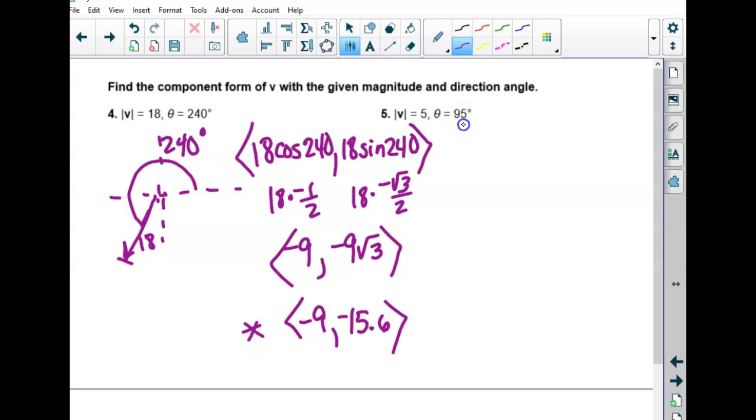All right, so do this one. Can you just type this one? You should just be doing 5 cosine of 95. That's a good question. Yes, I'm pretty sure. If you even have to do this kind.